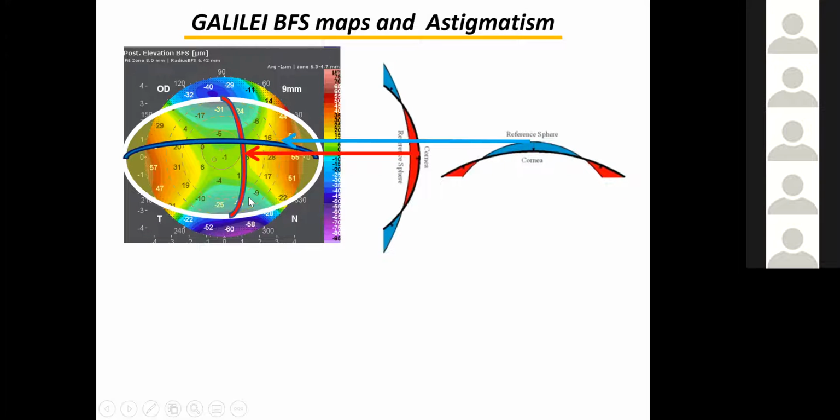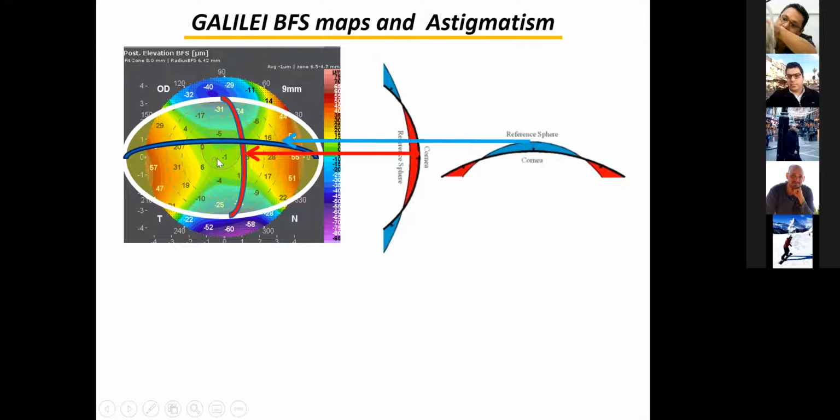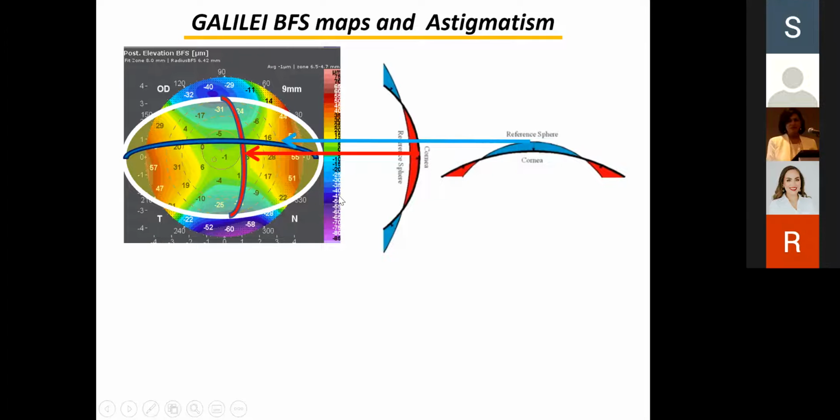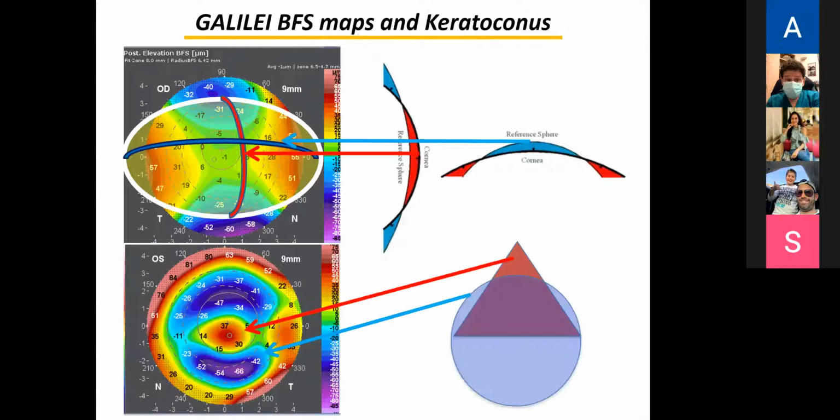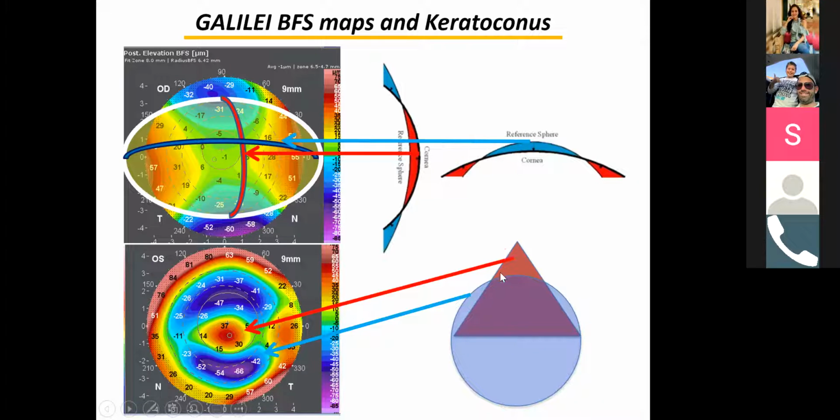diameter center. Okay, if you begin to have the yellow at the center, that probably means that the ectasia begins to be formed. And this is a fried-egg pattern that you can see in a keratoconus, like an iceberg.